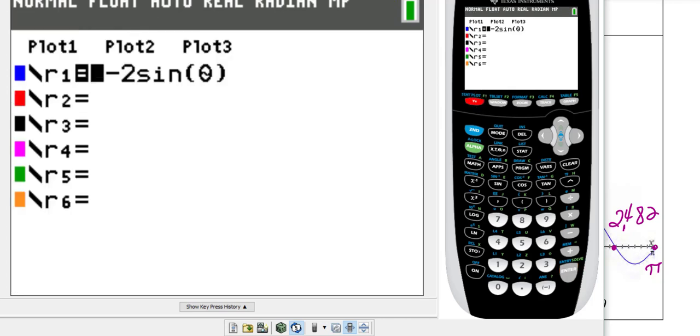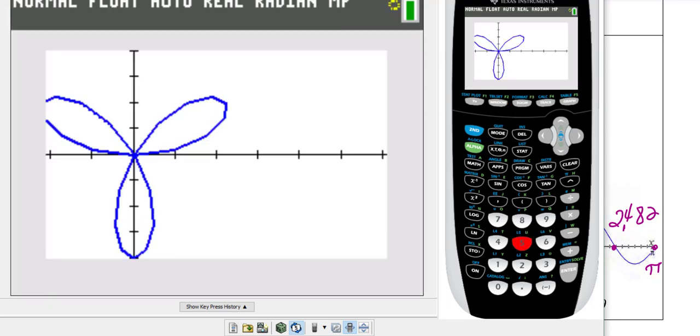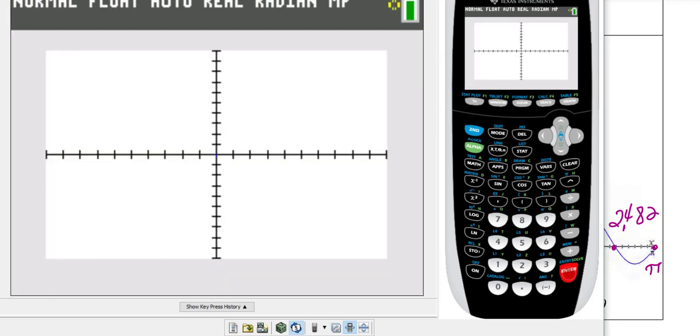So going to y equals, I'm going to put in there 4 sine 3 theta. And I'm going to hit zoom 5, see what I get. Okay, so that's pretty good. So let me hit zoom 6 to reset the window, and then I'll hit zoom 5 to square it up a little bit. That's kind of small, but it works.